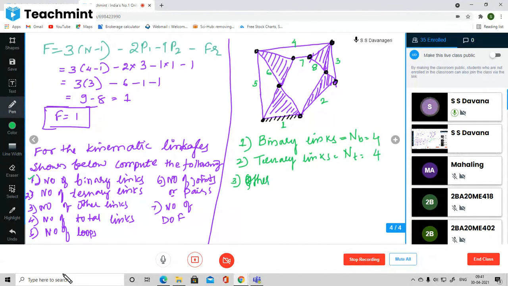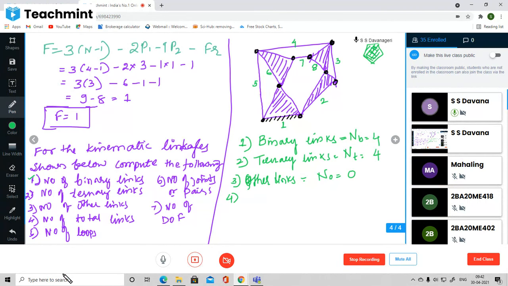Other links. Does it have any other links except binary and ternary, where it is a pentanary link? A pentanary link means it has to be hatched. Example, if there is a link here, now this has to be hatched.